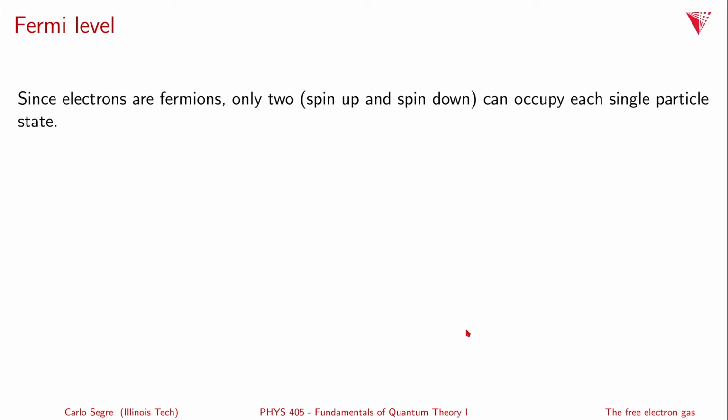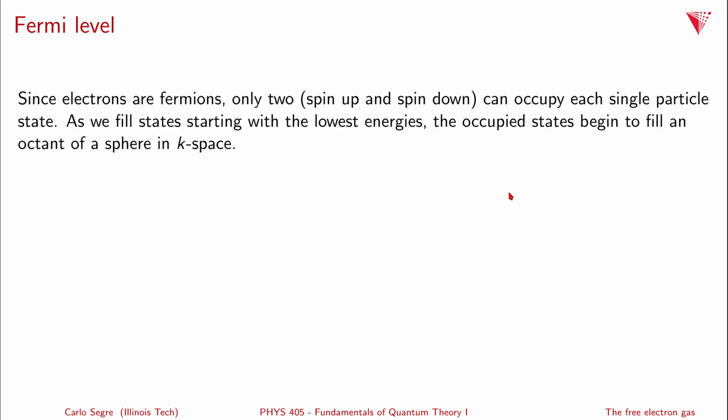So you start at the closest point and you work your way out. Electrons are fermions, so only 2 of them, spin up and spin down, can occupy each single particle state. And as we fill the states, starting with the lowest energies, the occupied states begin to fill an octant of a sphere in k-space.